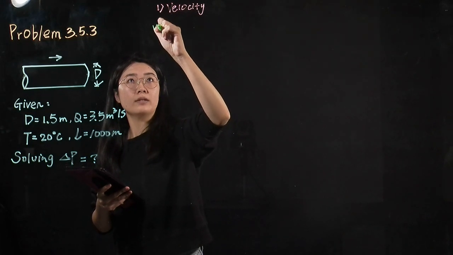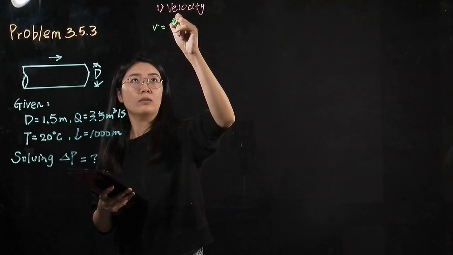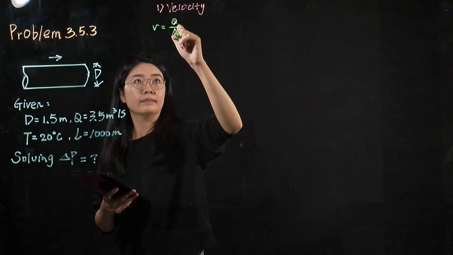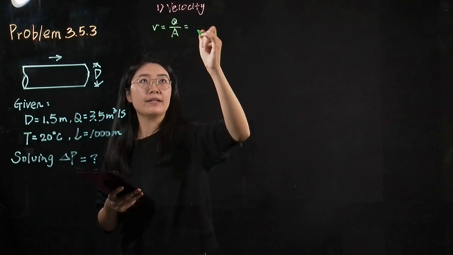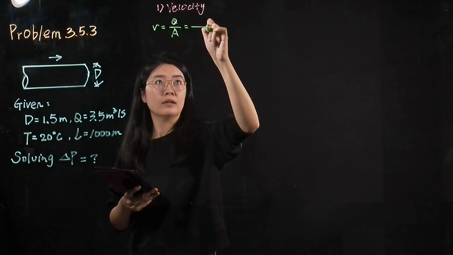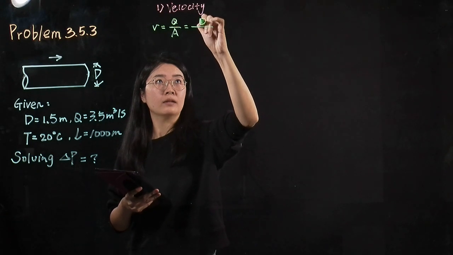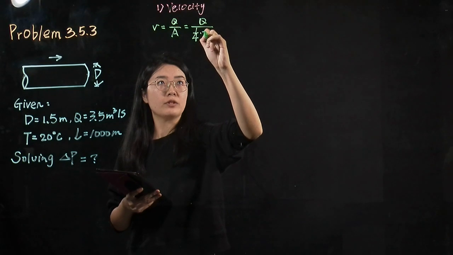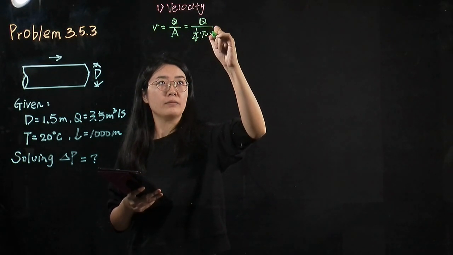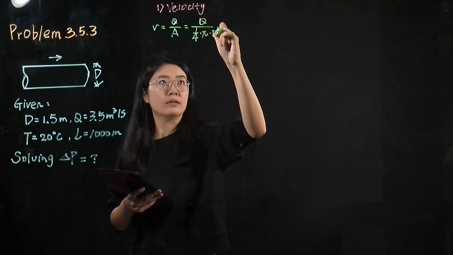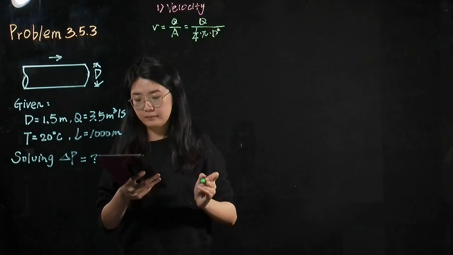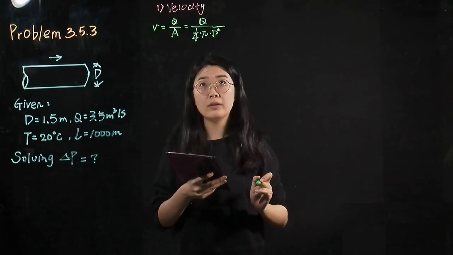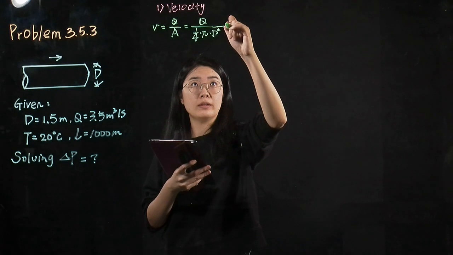The velocity is equal to Q over A. A is the area of the pipeline, which is 1/4 times pi times d squared. Then we can bring the values into that equation.